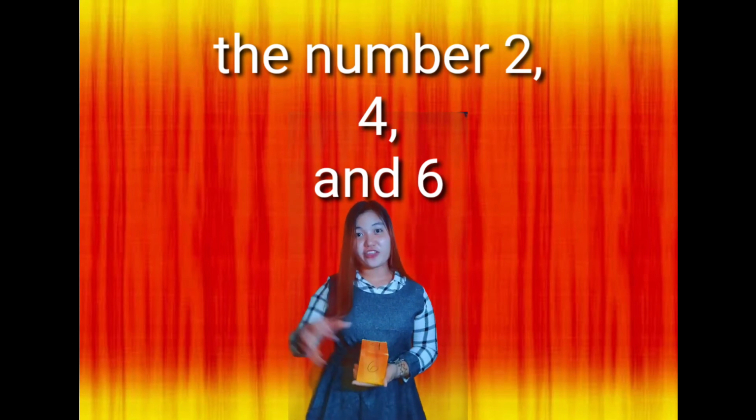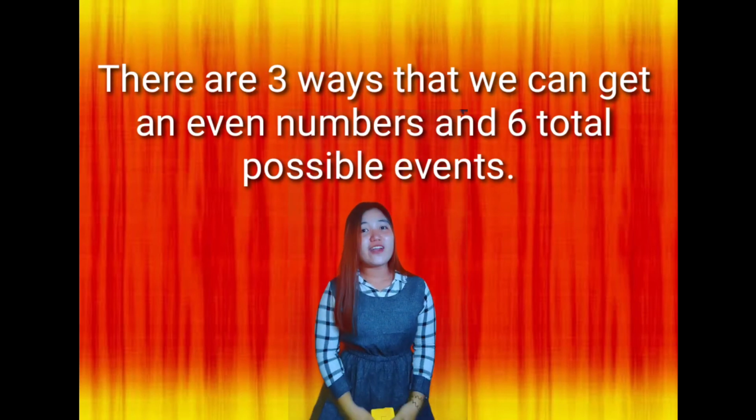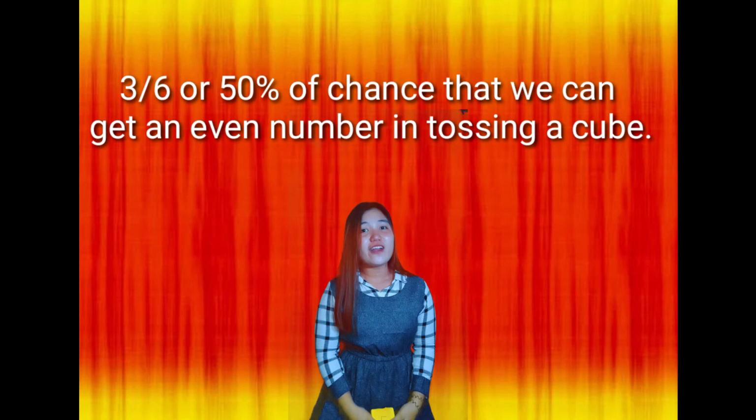So you're correct, there are three. So there are three ways that we can get an even number and 6 possible events, or we have 3 over 6, or 50% chance that we can get an even number in tossing a cube.